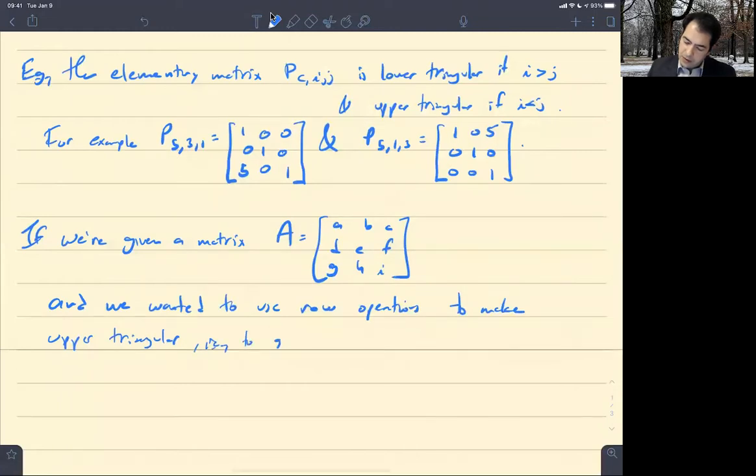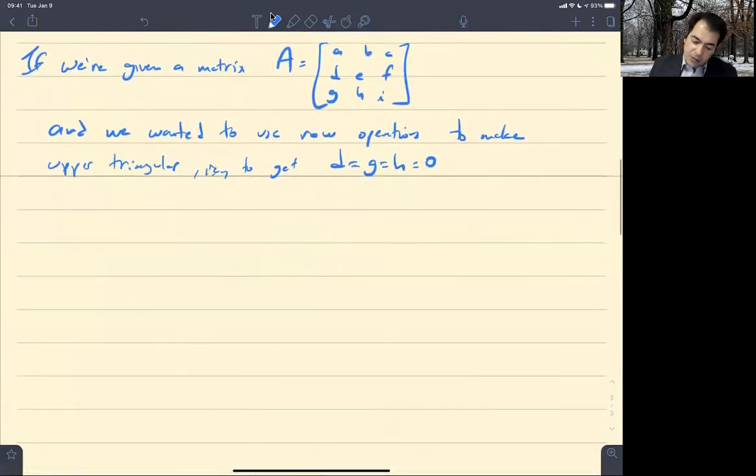That is, to get d equal to g equal to h equal to 0. So to make this upper triangular, we don't care what those coefficients are, but we need these to be 0.